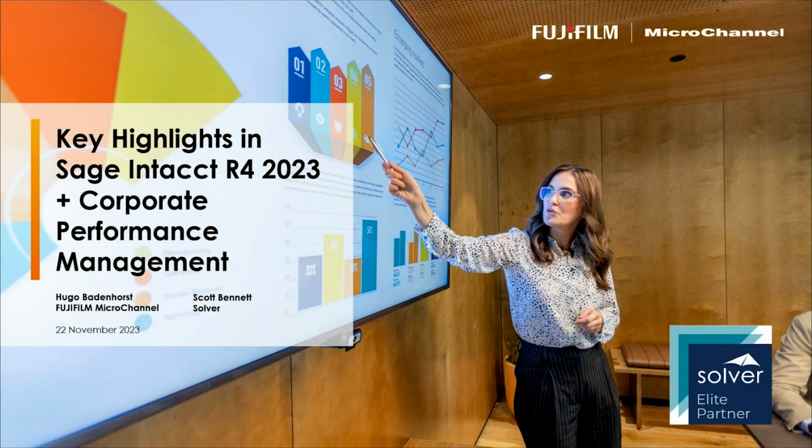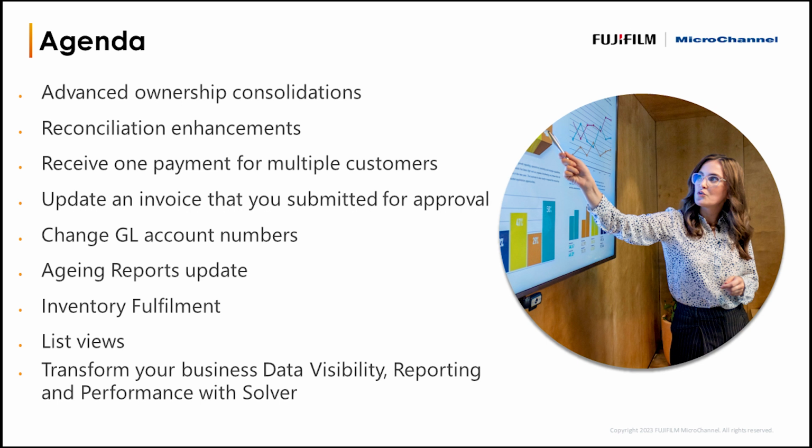Some of those features include advanced ownership consolidations, which is exciting for some of our customers, where you're consolidating with percentages, multiple entities. Another feature we're highlighting today is reconciliation enhancements in the bank reconciliation space, where we can easily identify matched transactions in sequences.